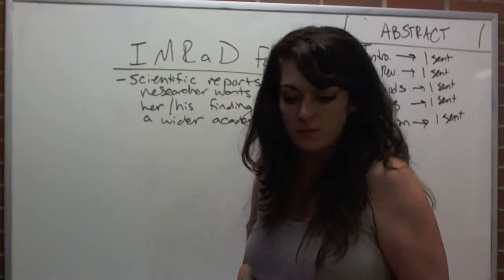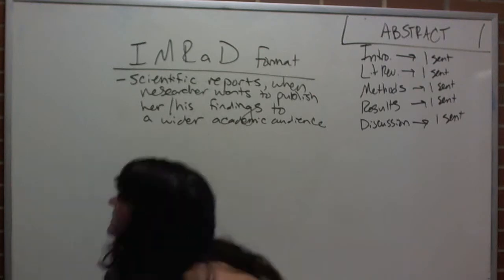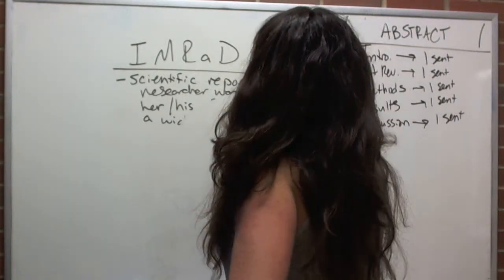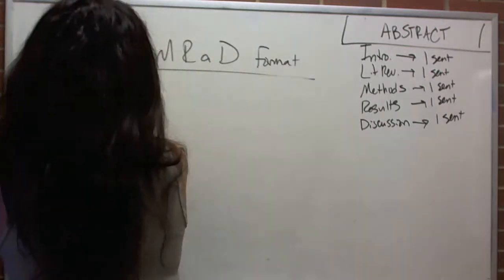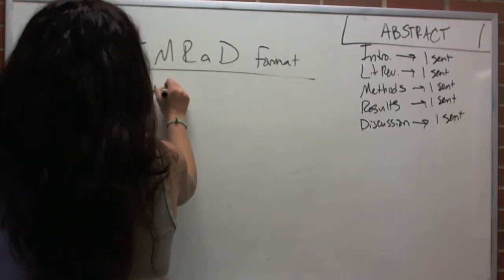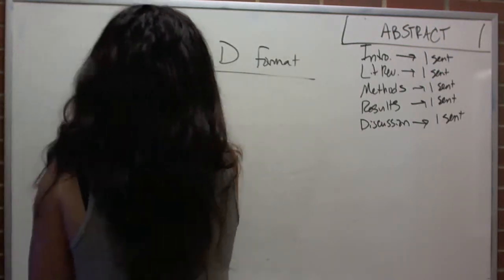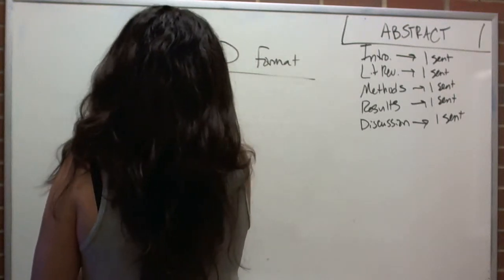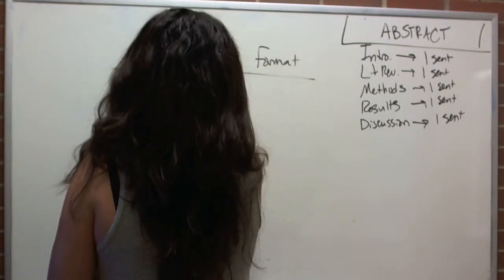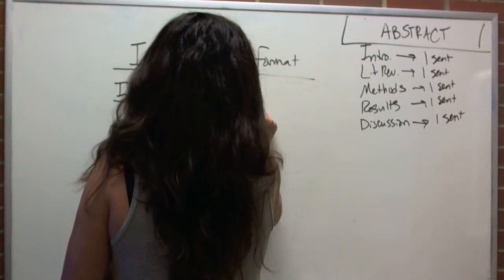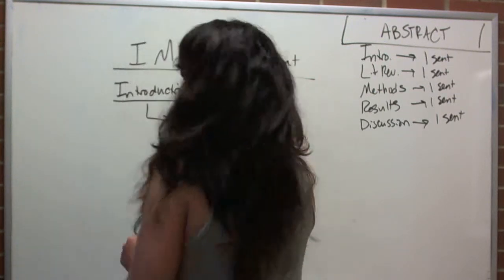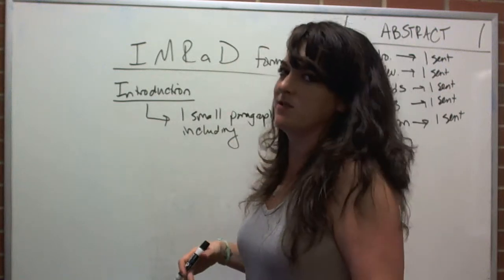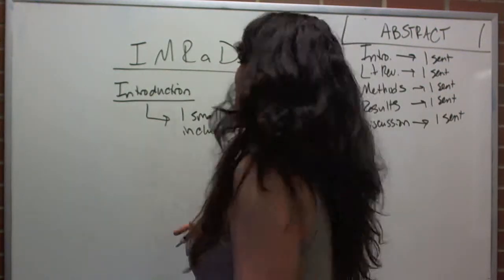Okay, so let's break down each section more specifically, okay? So you've got your introduction section. Typically this will be one small paragraph, and by small paragraph I mean like 3 to 5 sentences, okay? Don't get crazy, don't give me one sentence paragraphs, all right?